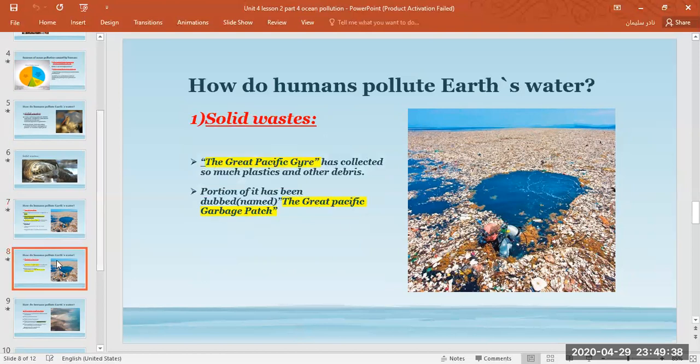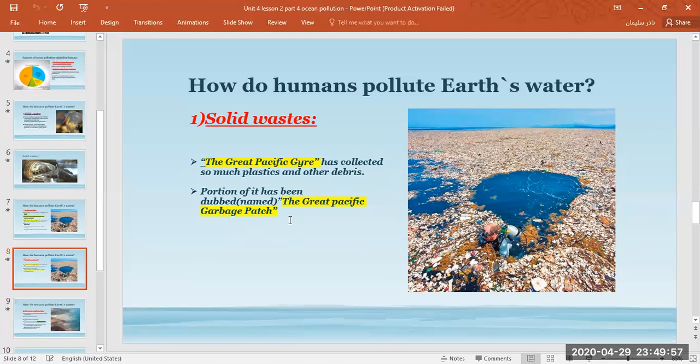Okay, the Great Pacific Gyre, as we said, has collected so much plastics and other debris. A portion of it has been dubbed or named the Great Pacific Garbage Patch. Patch, like an area.